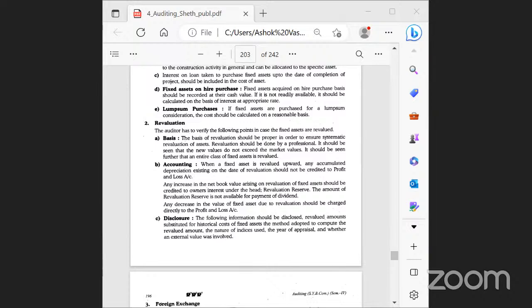In this chapter, we have covered almost all the assets and liabilities. Okay, like verification of debtors, book debts or accounts receivable.